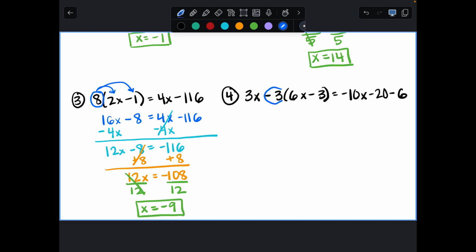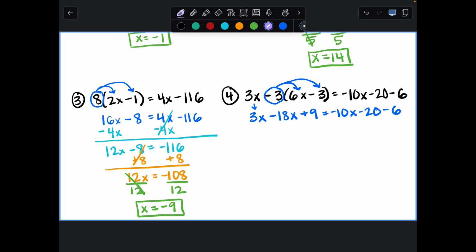We need to distribute this negative 3. So this 3x just comes down. Negative 3 times 6x is negative 18x. Negative 3 times negative 3 is positive 9. And I'm just going to copy the other side because there's nothing to distribute over there.